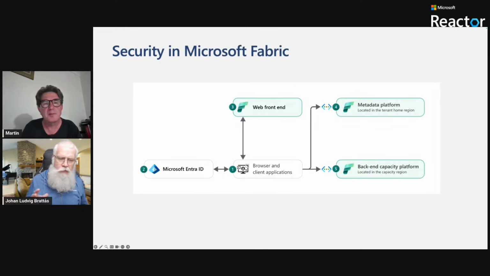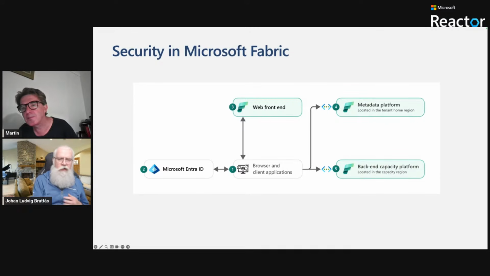But you need to think about the architecture anyway, because this is a web browser interface. So you log on to your web browser, you point it to app.fabric.microsoft.com. You then hit the authentication. You put in your Entra ID, you get authenticated, then you hit the front end of this setup.